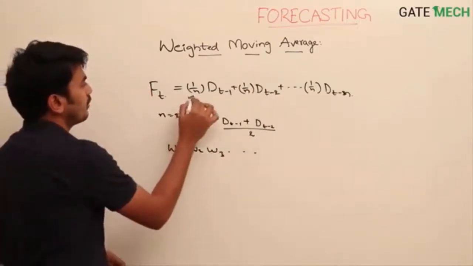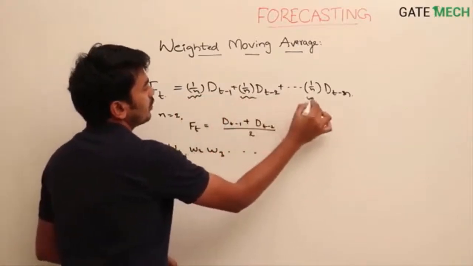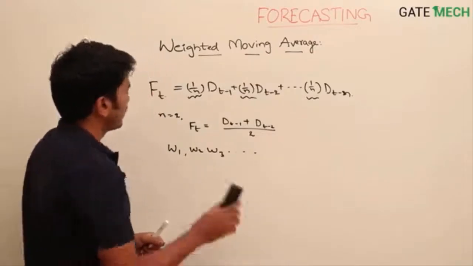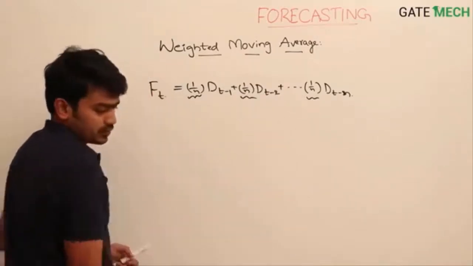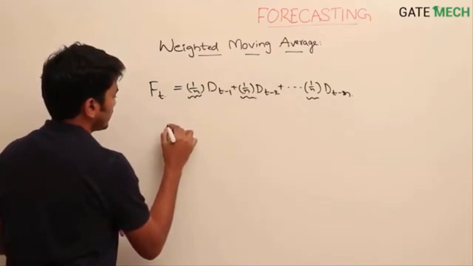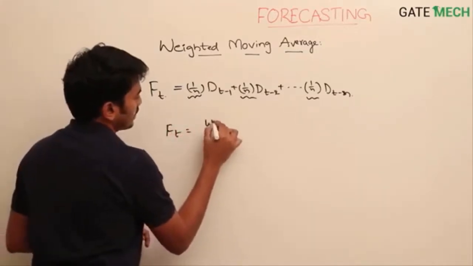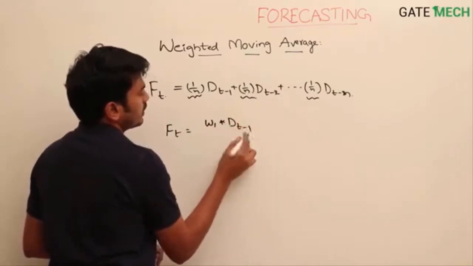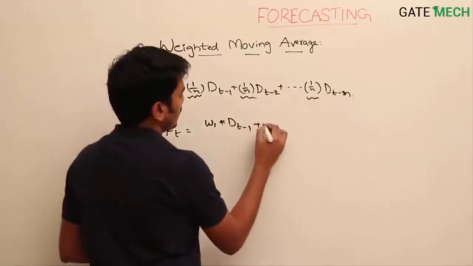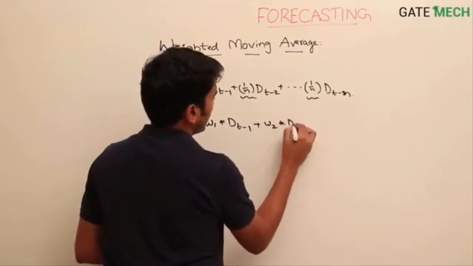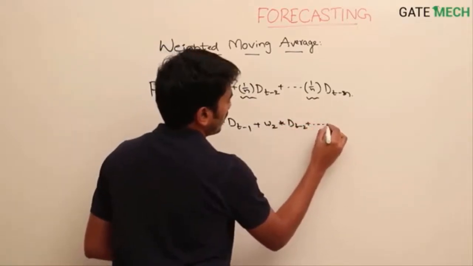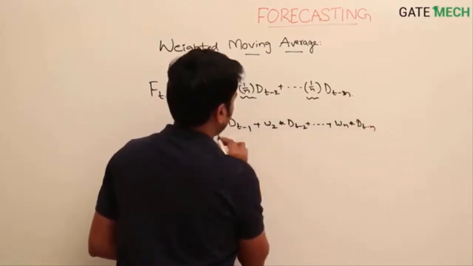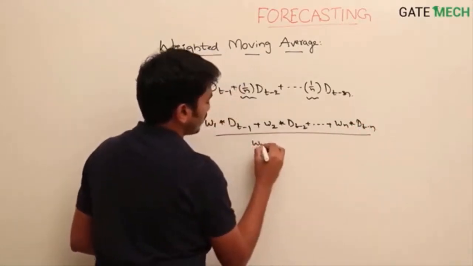So instead of equal weightage, we will give different weightages for each of these data points, and that is like this: weightage 1 for demand point t minus 1, plus weight 2 for dt minus 2, and so on, weight n for dt minus n, divided by the total weightage.